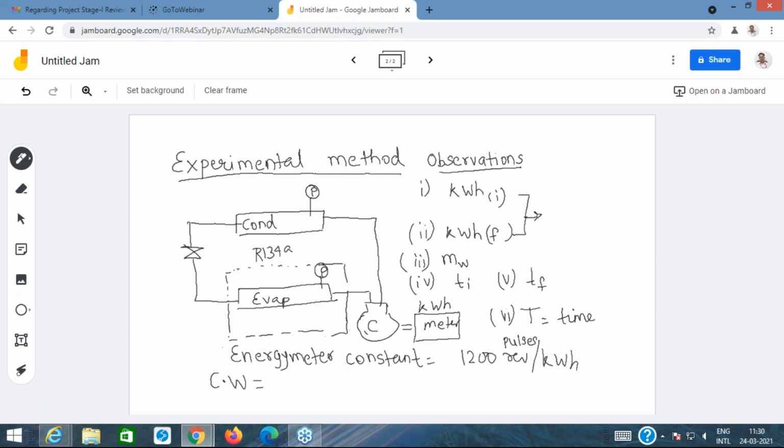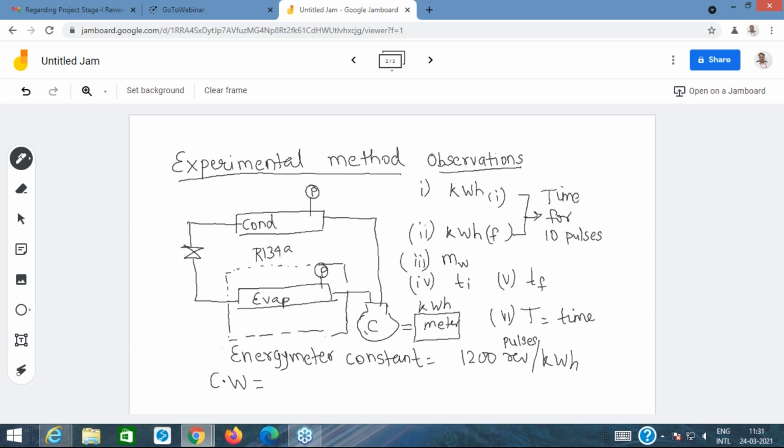So now what you need to do is, instead of recording kWh initial and kWh final, because you are given the energy meter constant, you can record the time for 10 or 100 or whatever pulses or revolutions which are necessary.